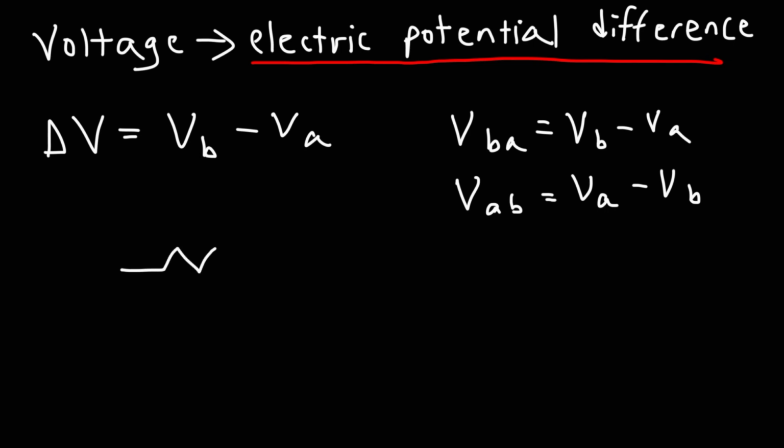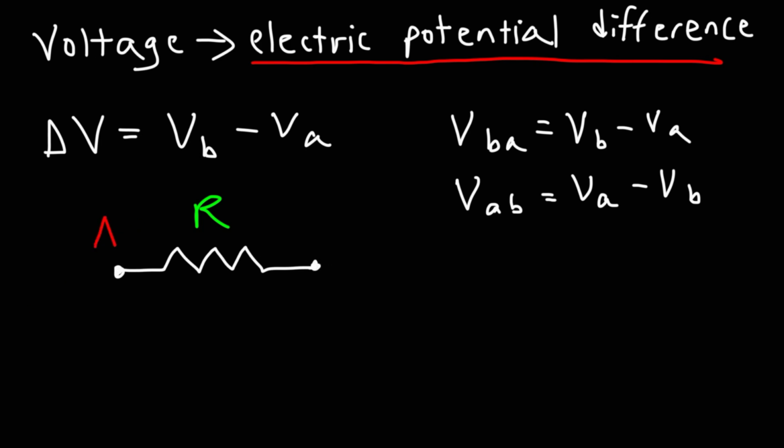So let's say we have a resistor. A resistor is an electronic component that is used to basically control the flow of electric current in a metal or in a circuit. Now let's say we have 2 points of interest across this resistor.